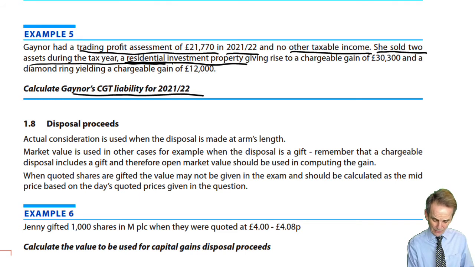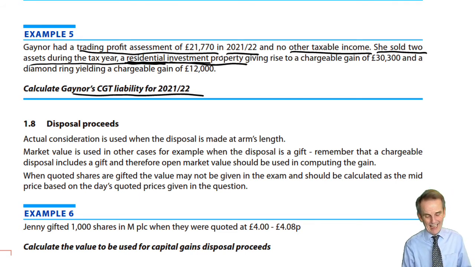The use of the word there, investment, we haven't dealt with this as yet, but we know from our chapters that we've seen that chapter 14 deals with various reliefs. We've made mention of business asset disposal relief, and we've made mention of investors relief there. But another one is known as private residence relief.